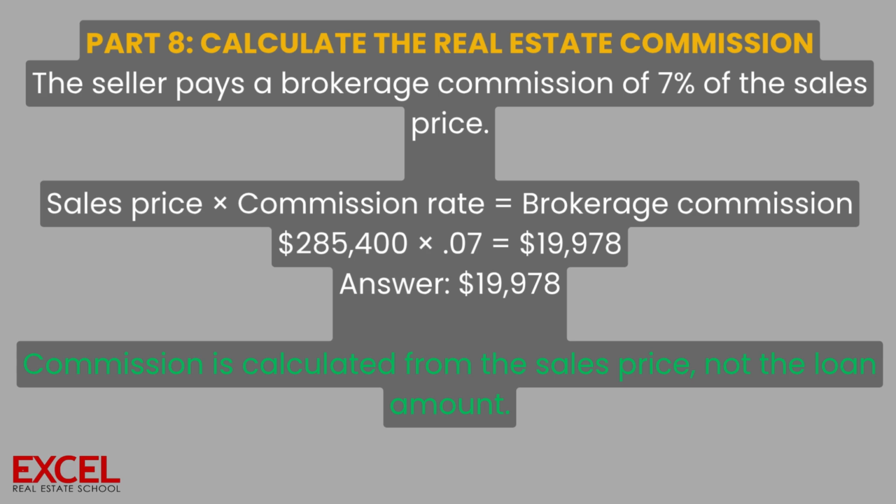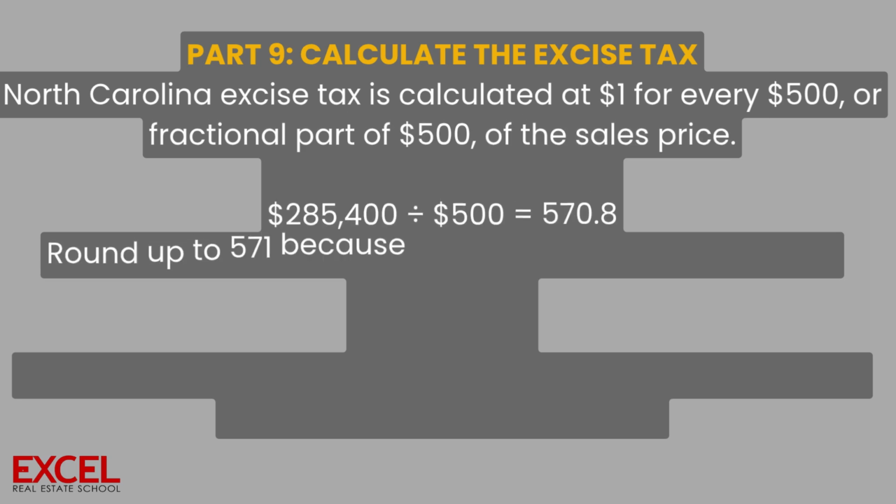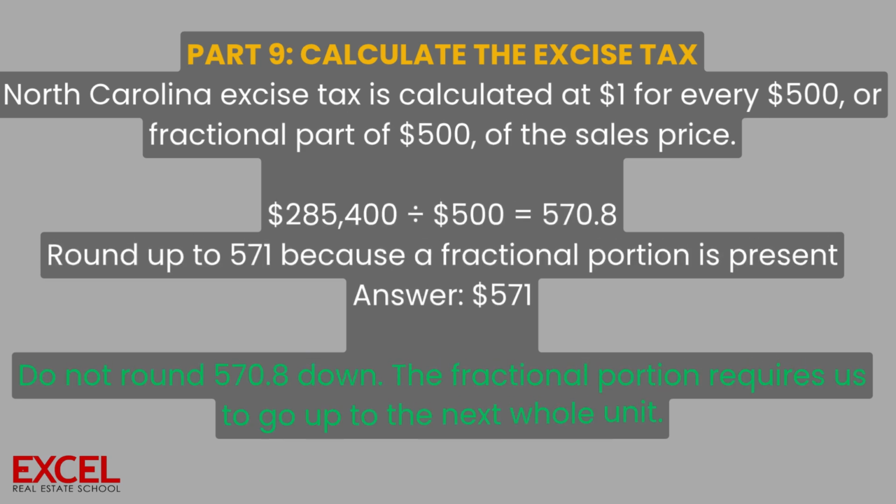Let's calculate the excise tax. North Carolina excise tax is calculated at $1 for every 500, or a fractional part of 500, on the sales price. So sales price $285,400. Divide that by 500, then that gives us $570.80.